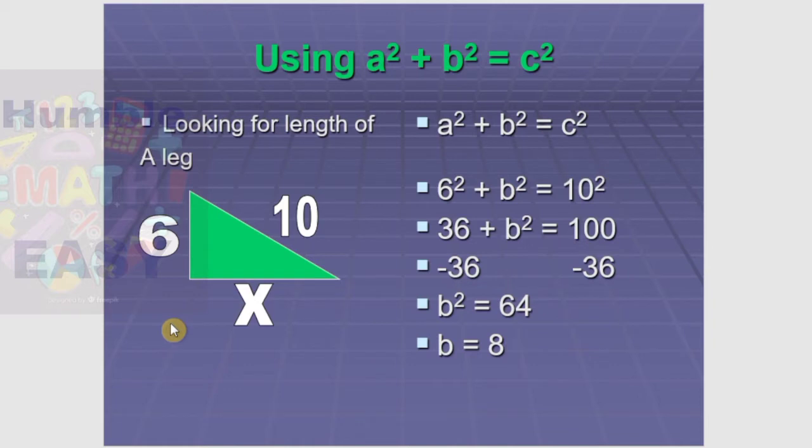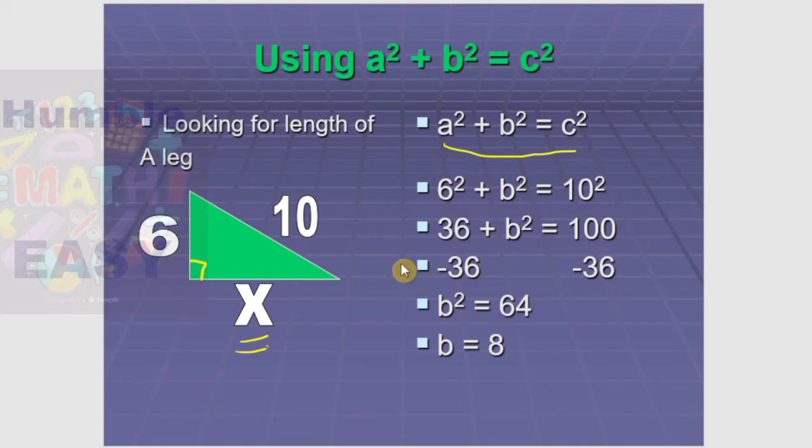As you can see in this given, one of the legs is unknown, represented by x. So our x is the same as the variable b. From the Pythagorean Theorem, a squared plus b squared is equal to c squared.